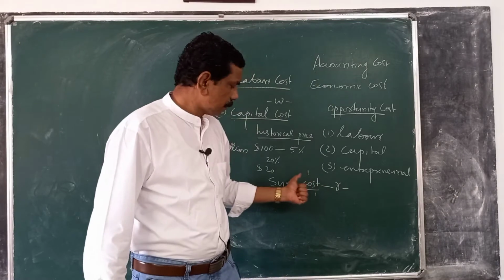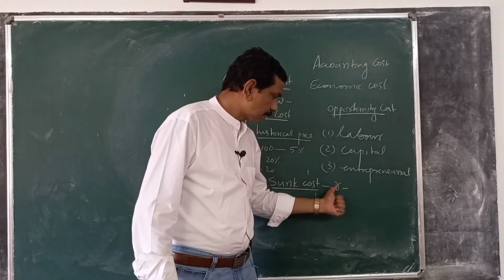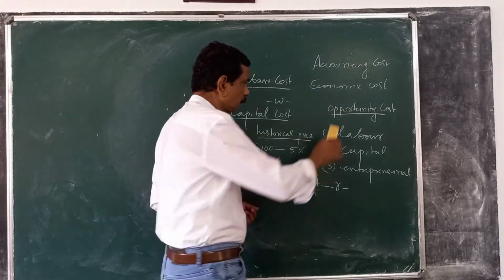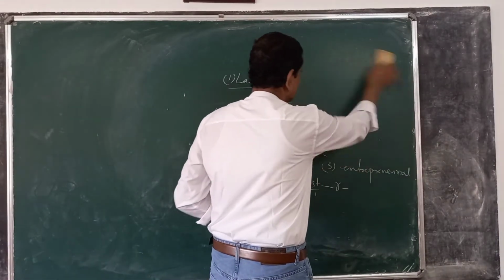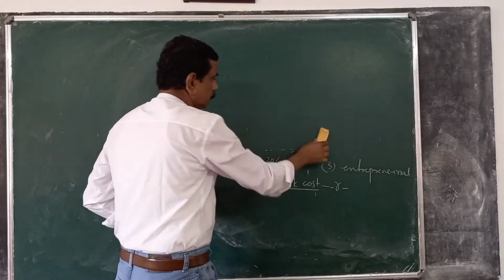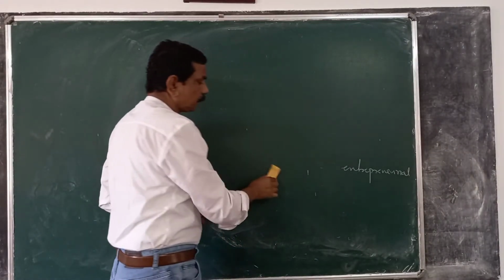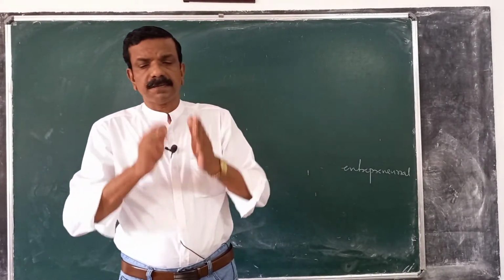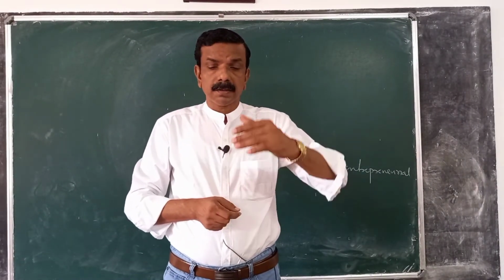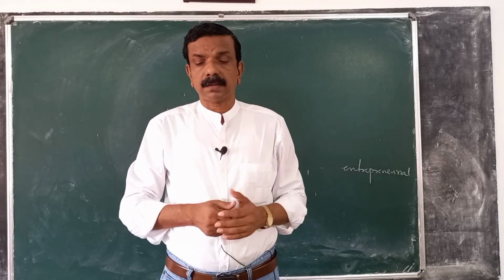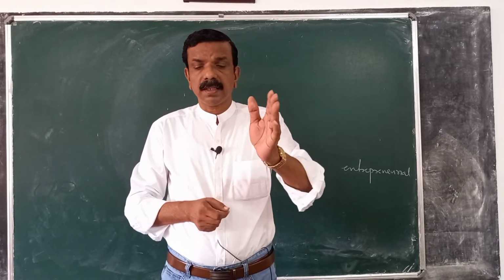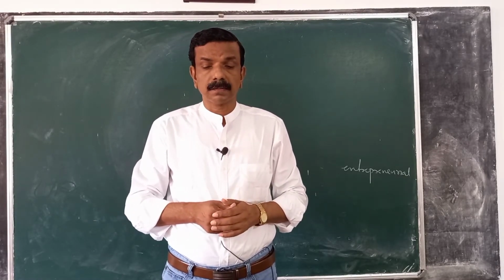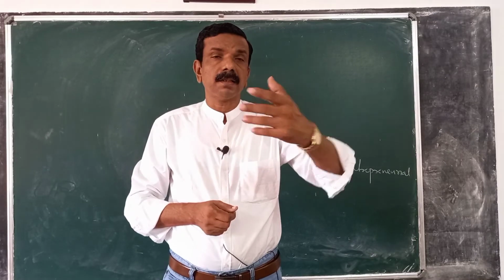So, this is the rental rate of capital. The third one is the cost of entrepreneurial services. The owner of the firm is the residual claimant who is entitled to whatever extra revenue or loss after paying other input costs.